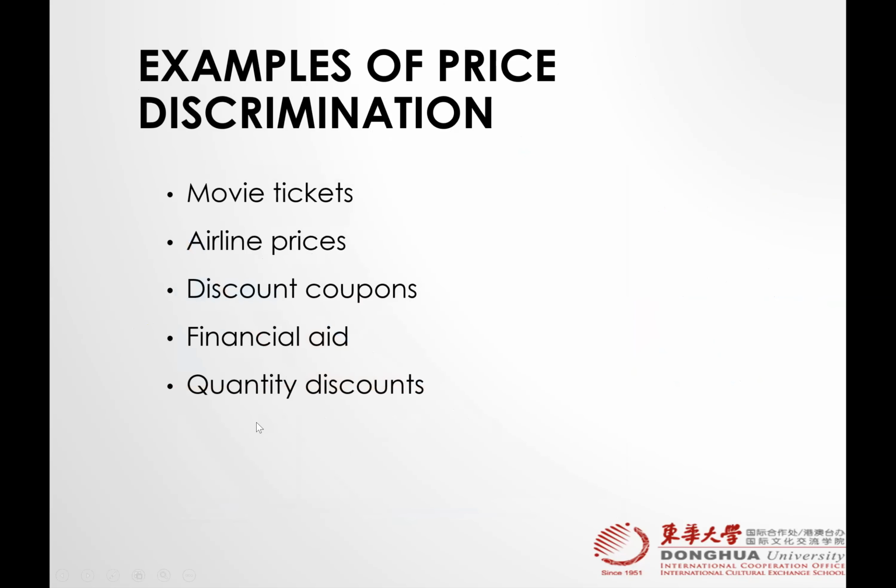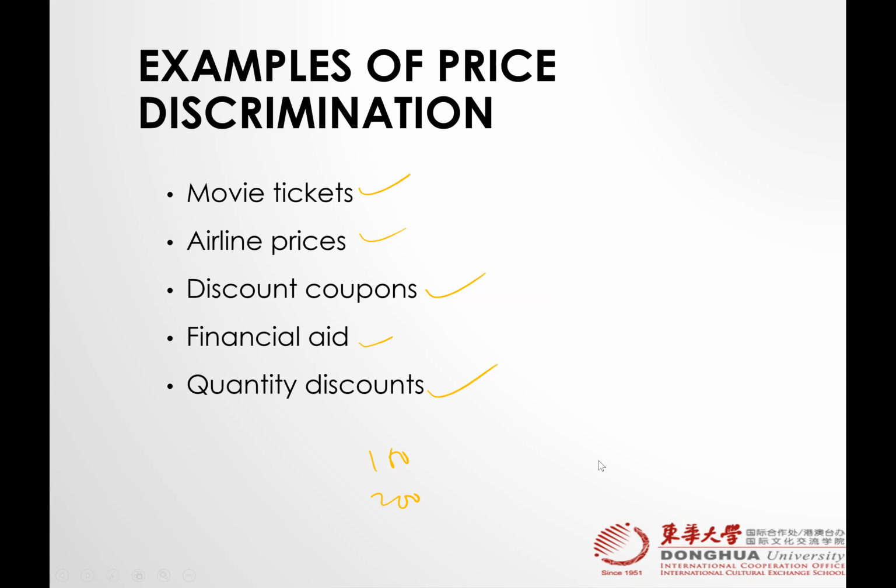Examples of price discrimination: movie tickets, airplane tickets, discount coupons, buy one get one free, show this coupon and you can buy some other products with a discount, financial aid for scholarships, and then quantity discounts as well. If you buy 100 pieces, the price is this. If you buy 200 pieces, the price is going to be very discounted.